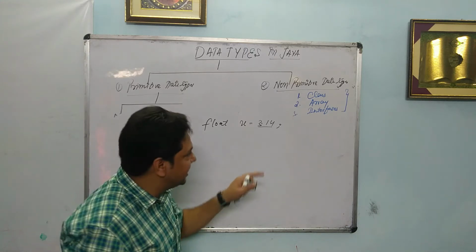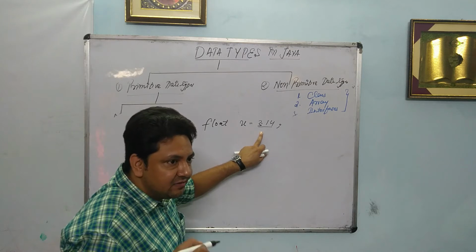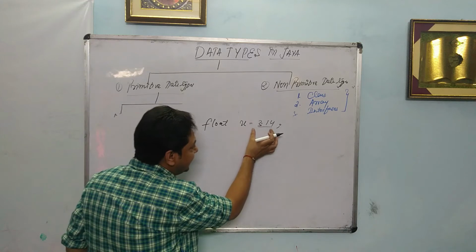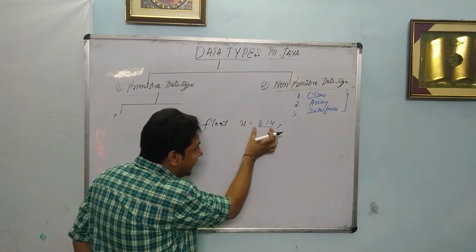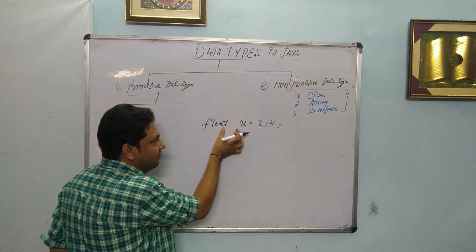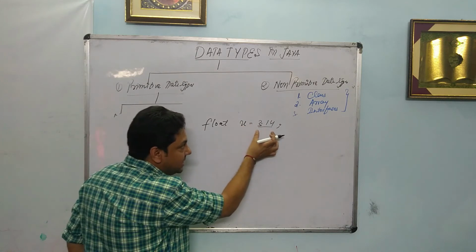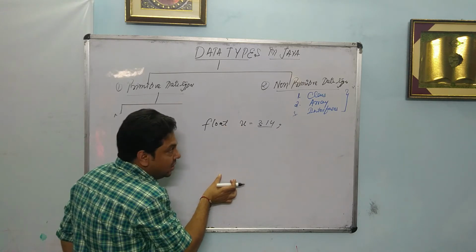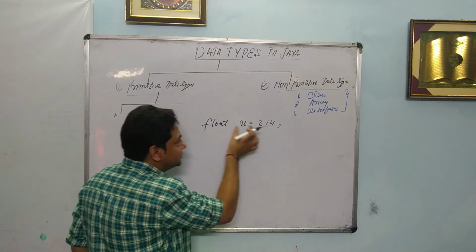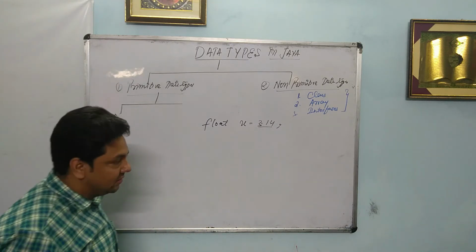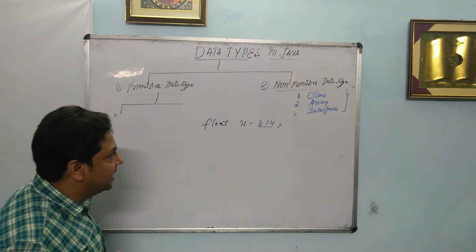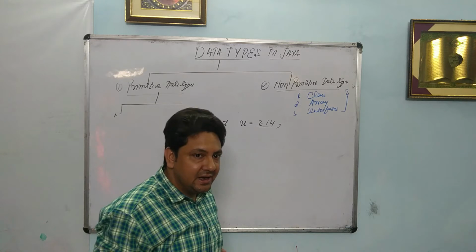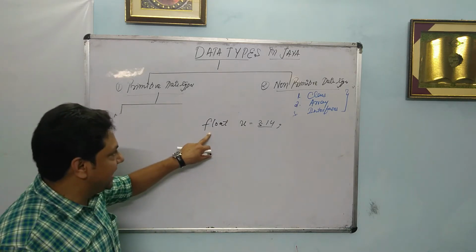Java considers each fractional value as double, and a double value cannot be stored in float because double is a higher data type and float is a lower data type. A higher data type value cannot be stored in a lower data type. Possible loss of precision means you are trying to store something greater than the storing capacity.